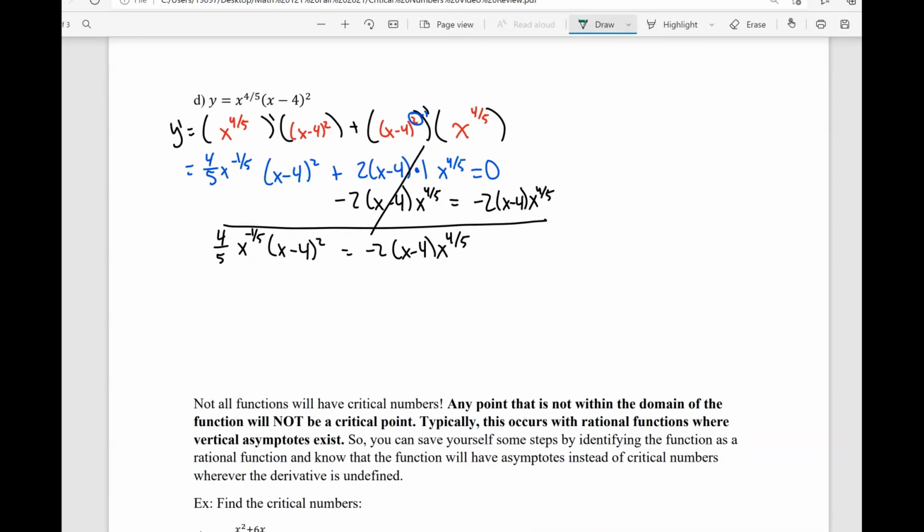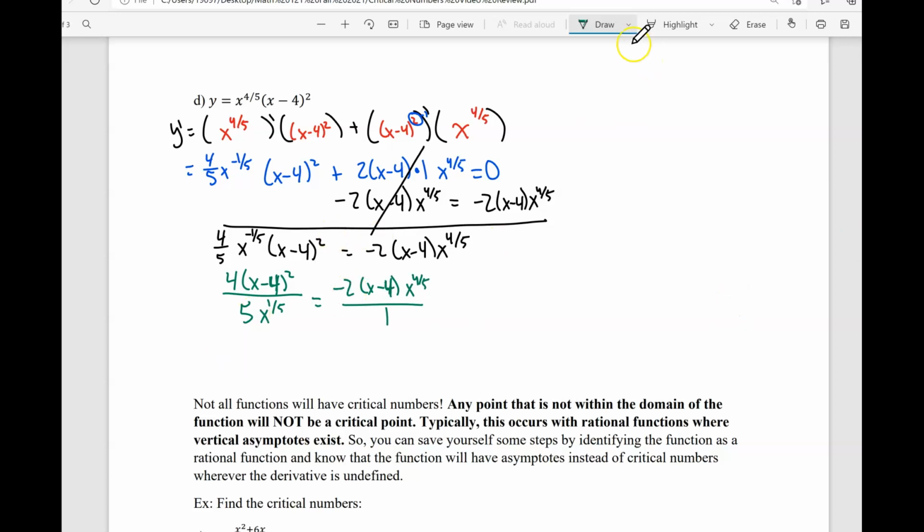So I can write it as 4x minus 4 squared. I have a 5 already on the bottom, and I have an x to the 1/5 on the bottom as well. And this guy, I just have negative 2 times x minus 4 times x to the 4/5 over 1.